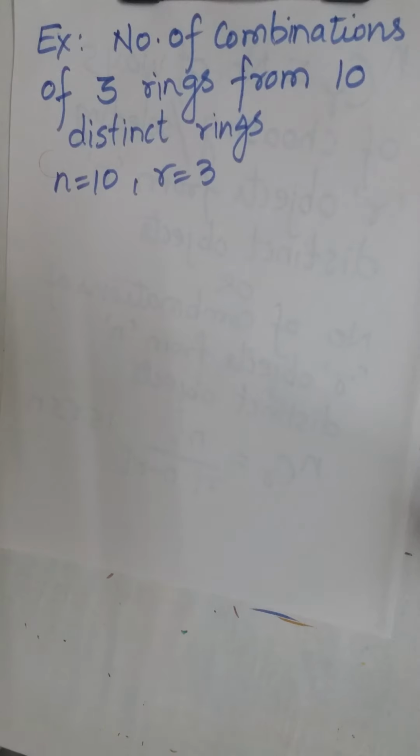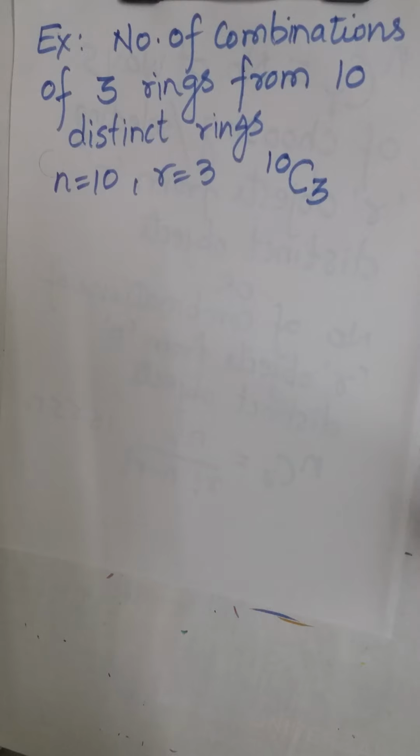Let's take an example. Number of combinations of 3 rings from 10 distinct given rings. What should be our answer? Clearly n is 10, r is 3. So we can use NCR, and it becomes 10C3.